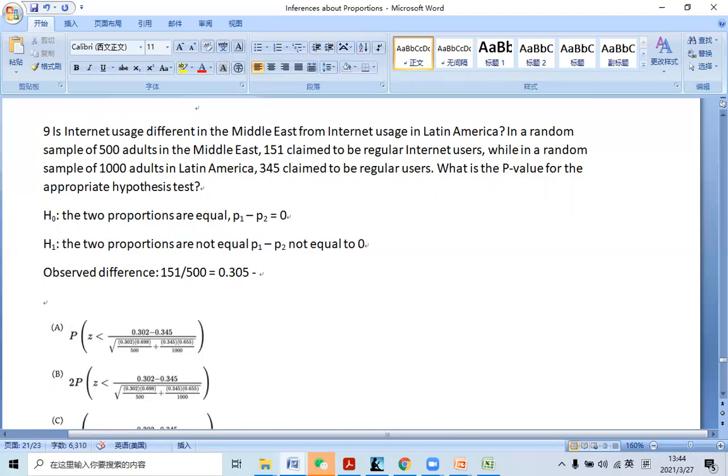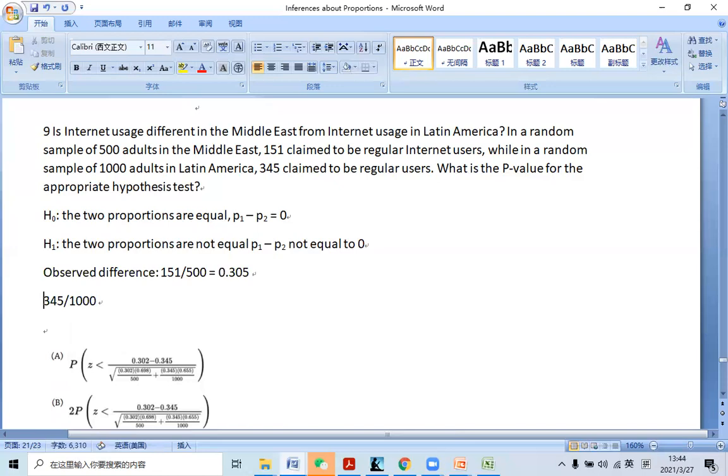And then you subtract. You have 1,000 in Latin America, 345 over 1,000. Let me separate these ones. So it's 0.345.